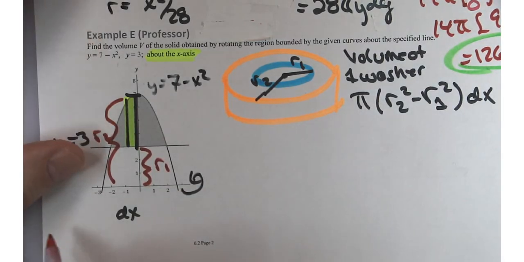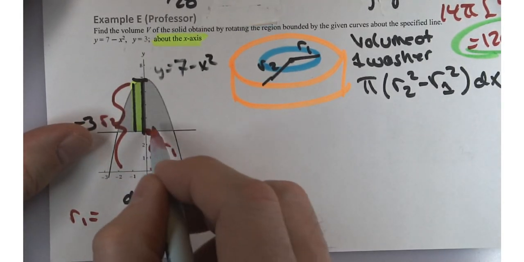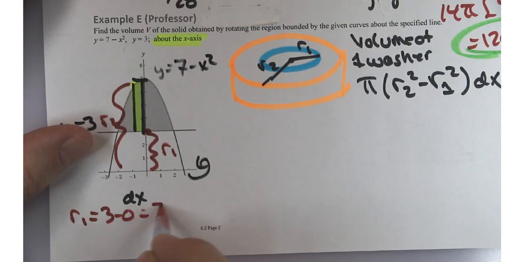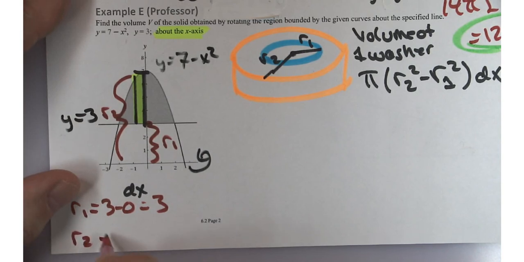For R1, it's just going to be 3 minus 0, or just 3. That's going to be our radius for that one. What about R2? 7 minus x squared minus 0, or just 7 minus x squared.